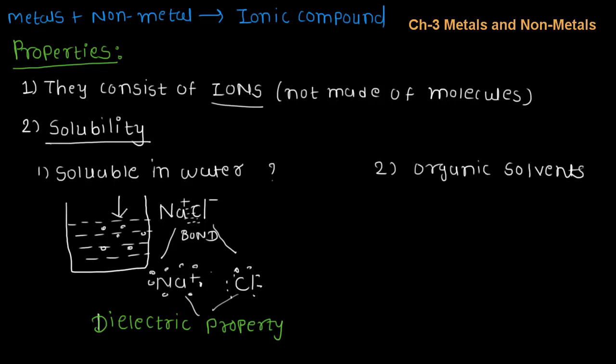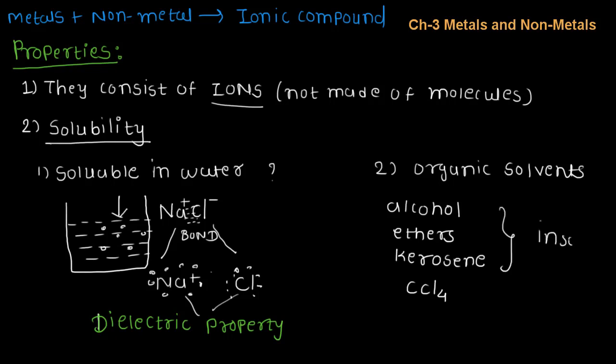Organic solvents like alcohol, ethers, kerosene, then CCl4, it means carbon tetrachloride. In these solvents, ionic compounds like NaCl, MgCl2, CaO or anything that is made of metal and non-metal are insoluble.